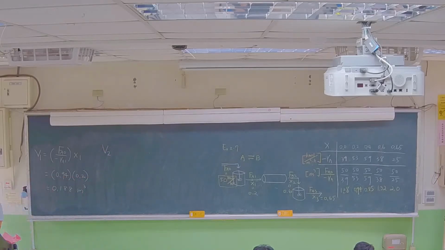The second reactor is PFR. So you have to use Simpson's rule, 3 point. So for the second one, V2 uses the integral from 0.2 to 0.6, right? X1 is equal to 0.2. X2 is equal to 0.6.